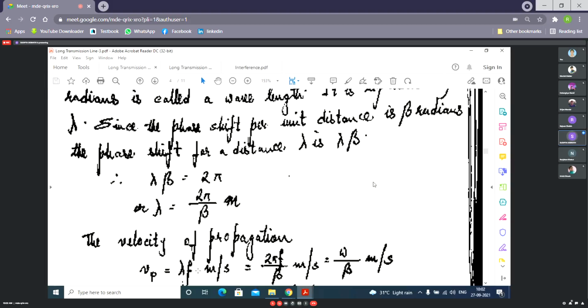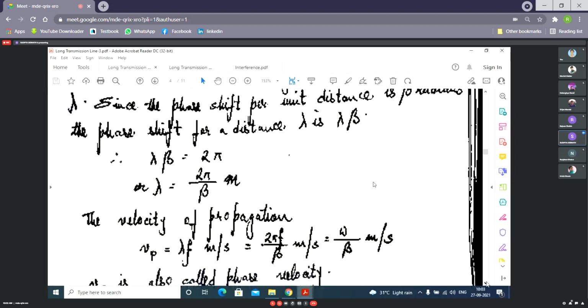If in 1 second it travels a distance lambda f, that is actually the definition of velocity: in 1 second, how much distance it travels. So Vp equals lambda f. From there you can substitute lambda as 2 pi by beta, so 2 pi f by beta, and 2 pi f equals omega, so it is omega by beta.